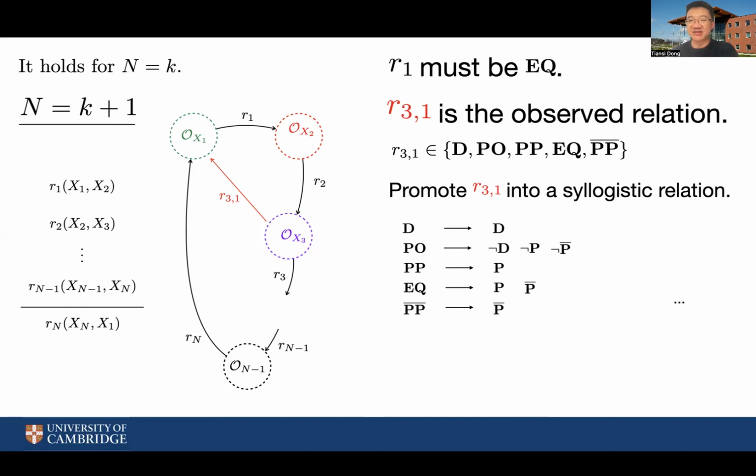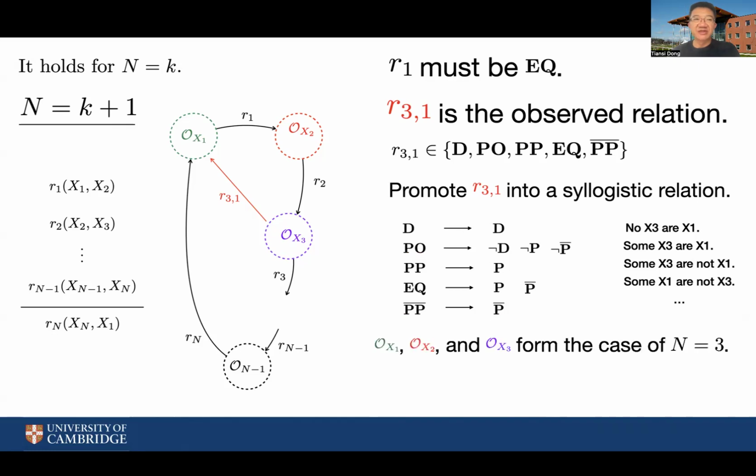It can be not D, not P, or not inverse P. Proper part is a kind of part, equal is any part or inverse part, and proper inverse part or proper containment is a kind of containment. In that case, we just decompose the k plus 1 into two loops.